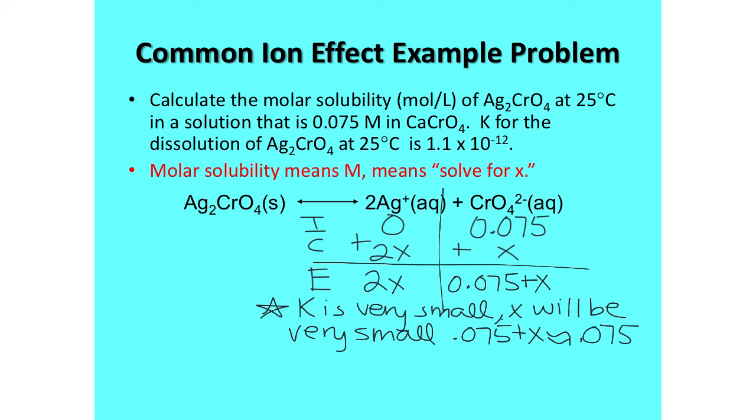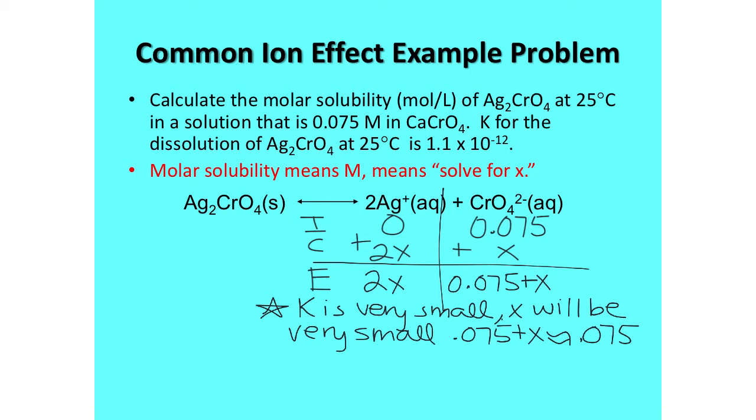So even on that previous one that we looked at where it was in distilled water and we didn't have the common ion, our X value was 6.5 times 10 to the negative fifth. So if we added that on to 0.075, it would still, once we rounded it, give us 0.075.